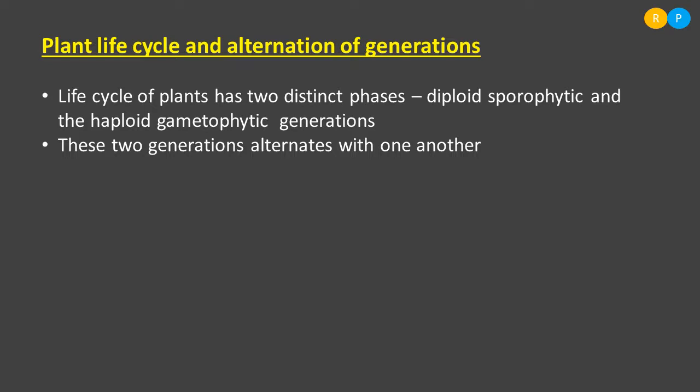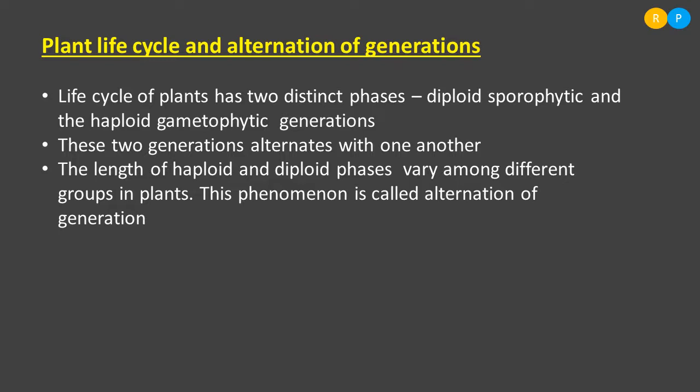Understood, right? The duration of the sporophytic phase and gametophytic phase is not the same in all groups of plants. So based on the length of these two phases, the life cycle in plants is divided into 3 different kinds.